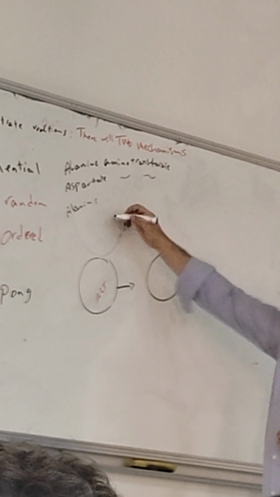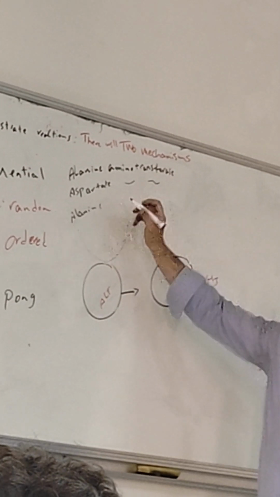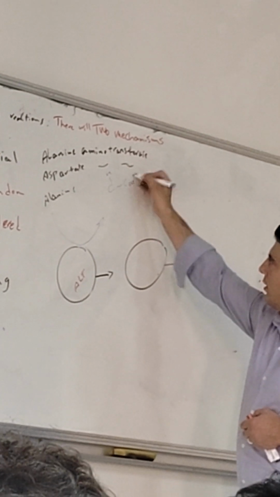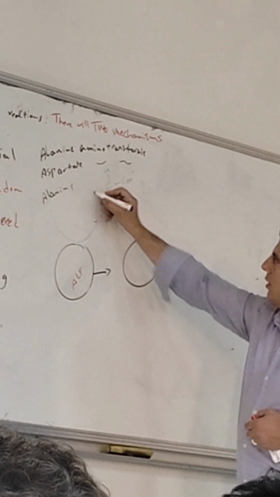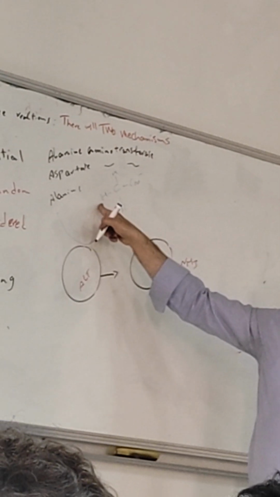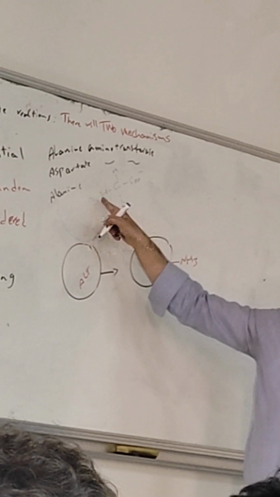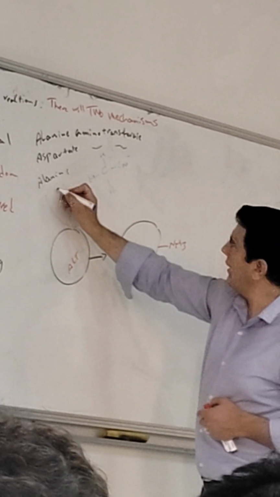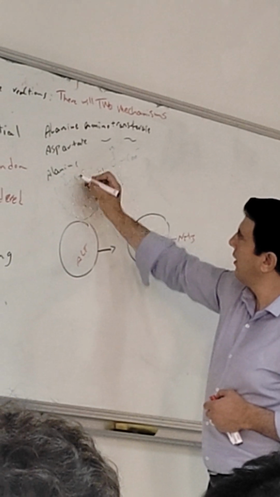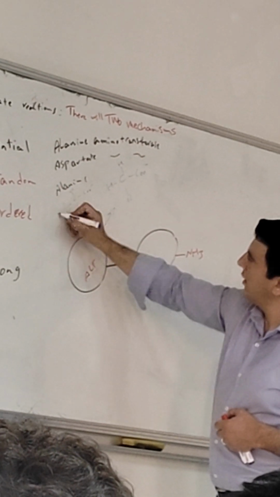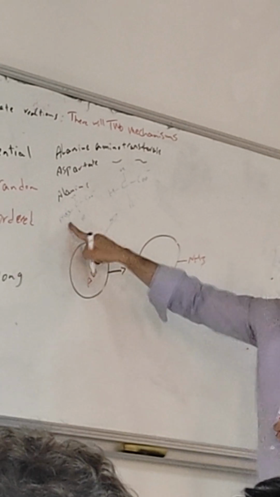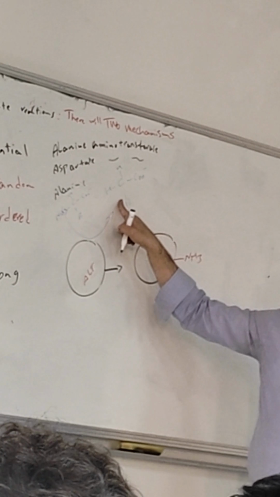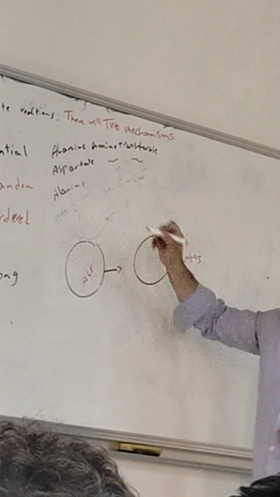So we have a molecule without the NH3 group. This is the original form of alanine, and this is the changed form of alanine without NH3.